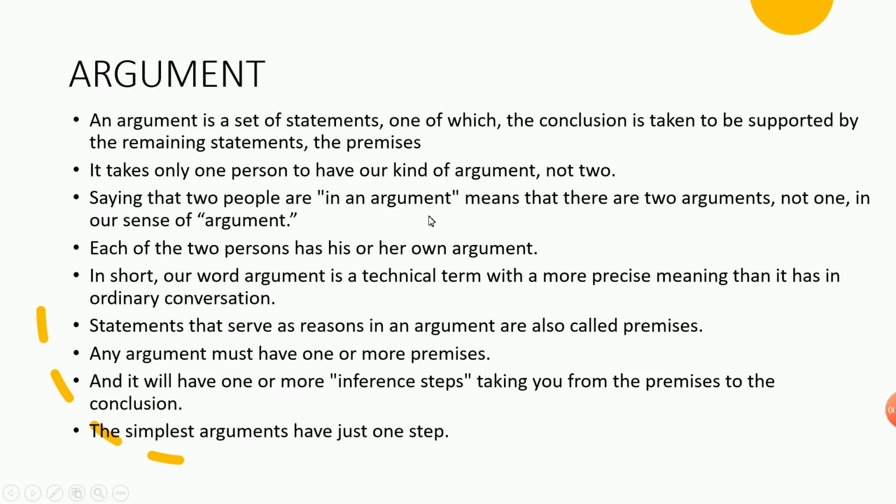Saying that two people are in an argument means there are two arguments, not one, in our sense of argument. Each of the two persons has his or her own argument. In short, our word argument is a technical term with a more precise meaning than it has in ordinary conversation. So when we say we are having an argument, that is different from the argument in logical reasoning.